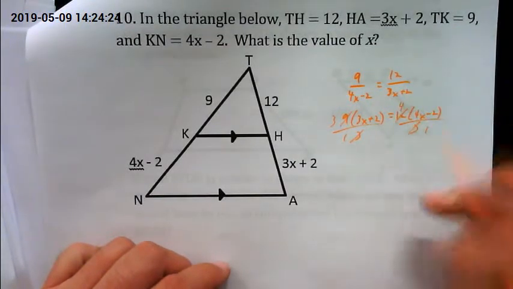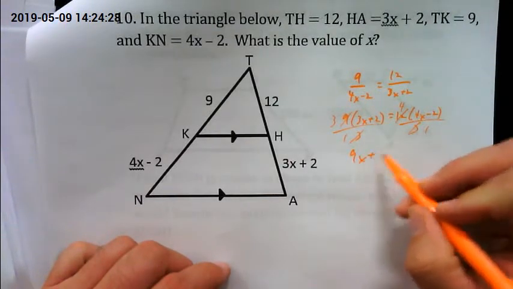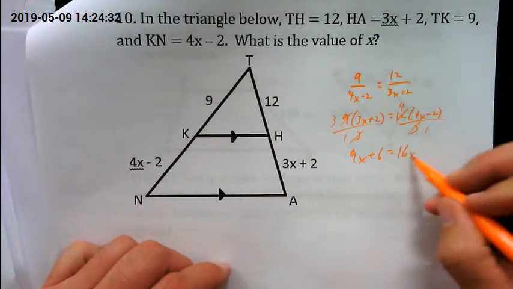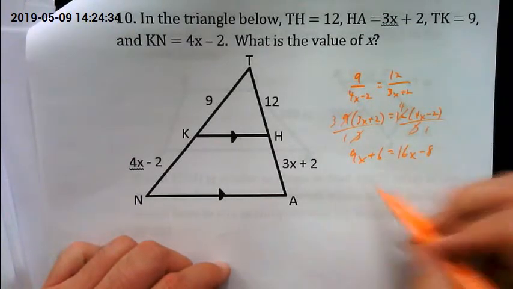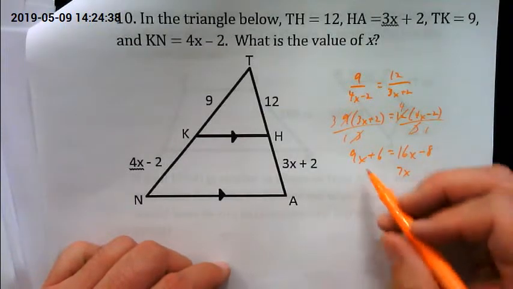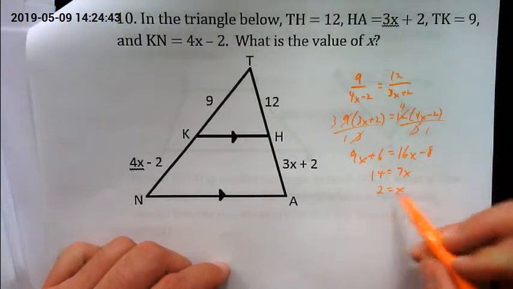So I'm dealing with smaller numbers. All right. So now I get 9x plus 6 equals 16x minus 8. Subtract off the 9x, you're left with 7x. Add the 8 over to this side, you get 14. Divide by 7, and you get 2.